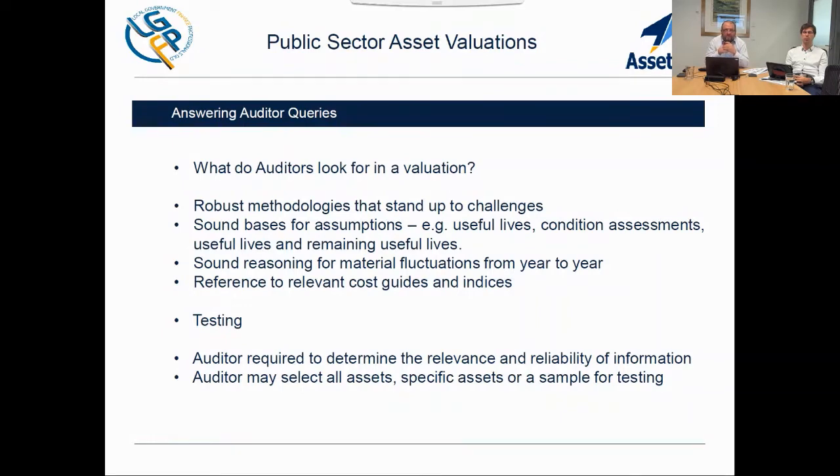Much of our cost information comes from various sources that are readily available to the valuation industry, such as Rawlinsons, the Australian Construction Handbook, Cordell's, the Australian Bureau of Statistics, and if we can reference those in our reports, and reference even the particular page that we've used to support the cost of an asset, it just makes the process so much easier for the auditor.